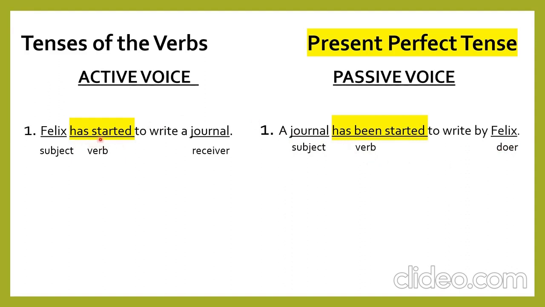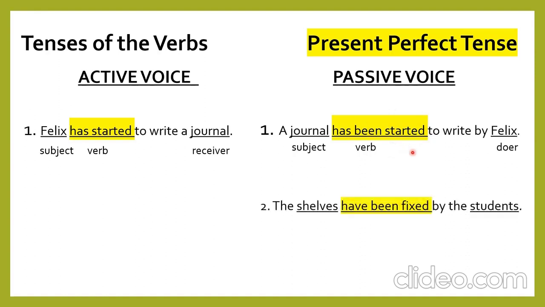It was has started here in the active voice, but it became has been started in passive voice. It's just the same, has, because it's singular. Felix is only one, journal is only one, so we use has. We just added been, okay, for passive voice. And started is just the same because started is the past participle already.